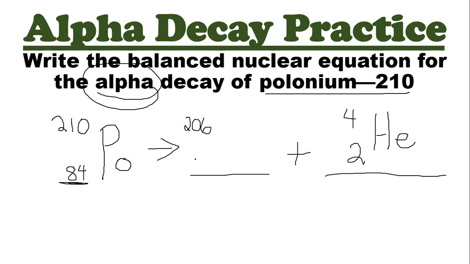So that means that it's going to become 82. Now that we have a new atomic number, we have a new element symbol we need. Look on your periodic table. Find element 82. When you do that, you find that the element symbol is Pb, which is lead. And this is the alpha decay practice and how you would do it.